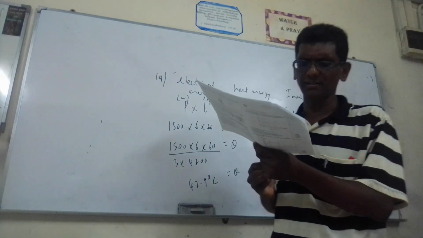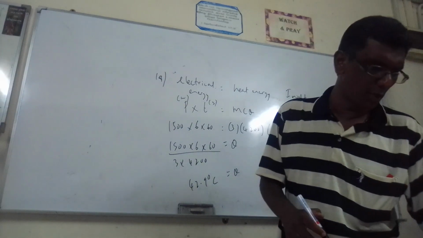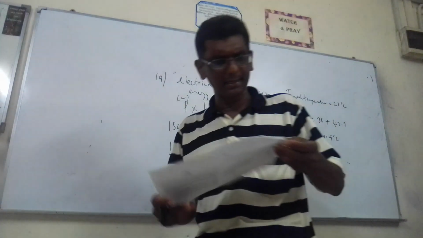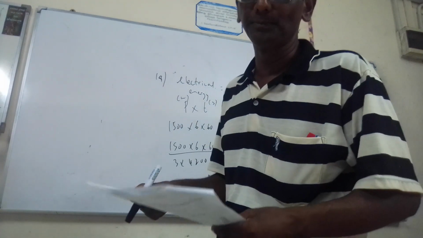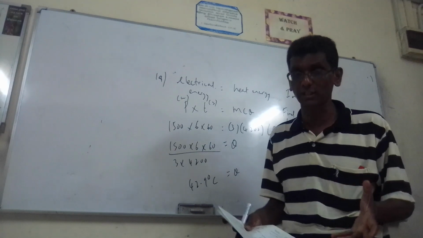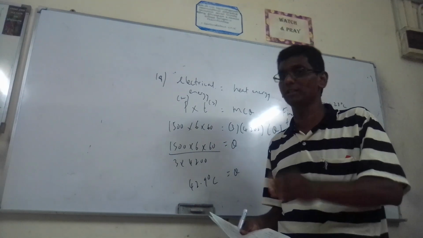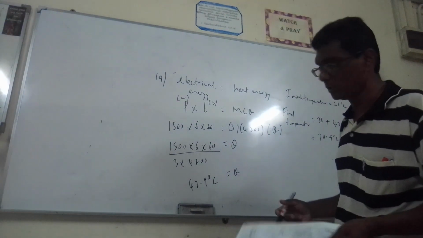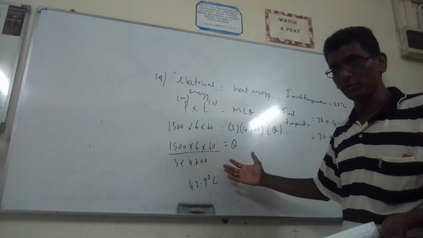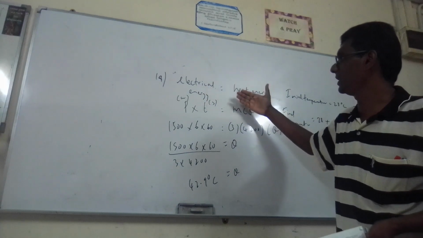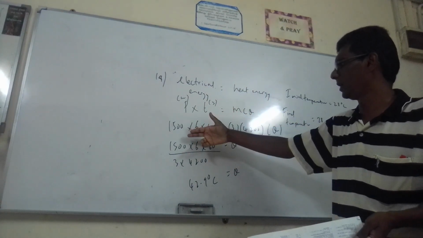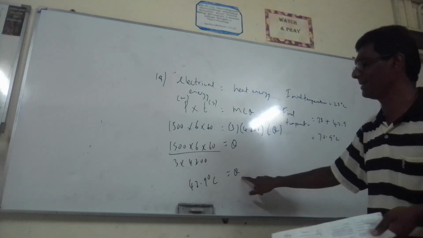Now we are going to do question number 18. This is a different question, a very tough question, so please understand this very well. It's electrical energy, heat energy: power times time equals mc theta. Theta means difference in temperature.